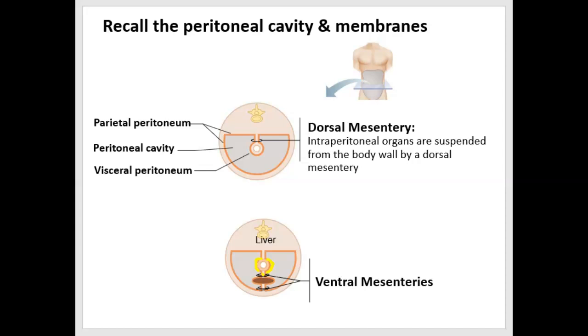Sometimes it then splits and wraps around another organ, for example the stomach, and meets again on the other side, forming another ventral mesentery. So the important concept is that the mesenteries that keep the organs in position are derived from the parietal peritoneum and the visceral peritoneum.